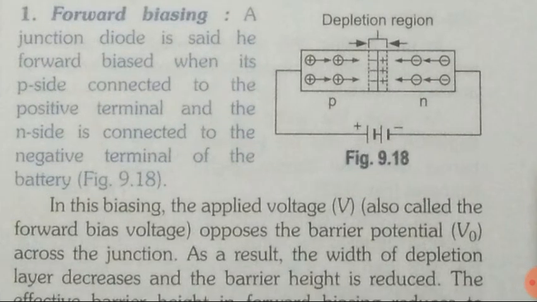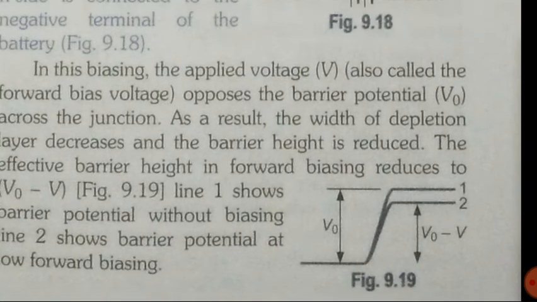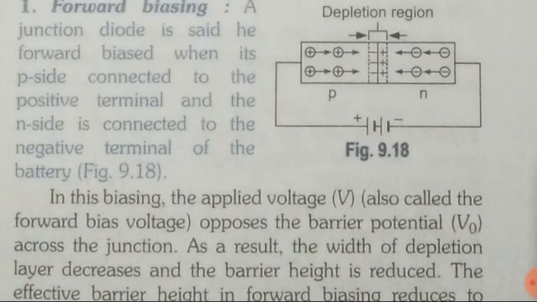Here you can see the definition is written: a junction diode is said to be forward biased when its p side is connected to the positive terminal and the n side is connected to the negative terminal of the battery. And I have told you what happened.